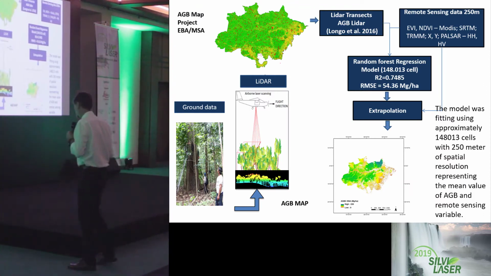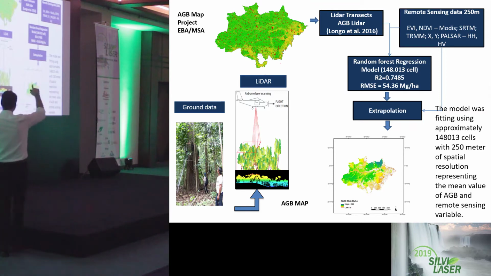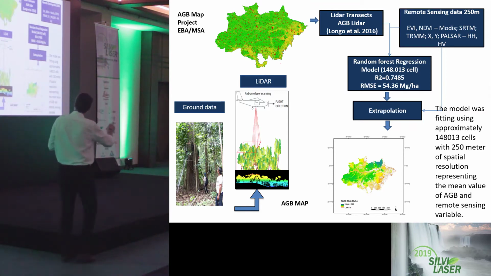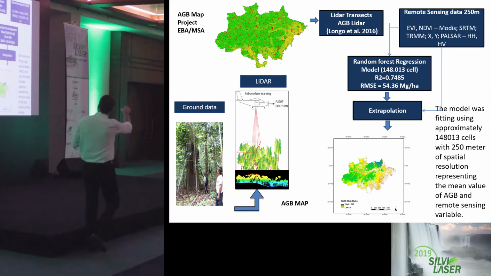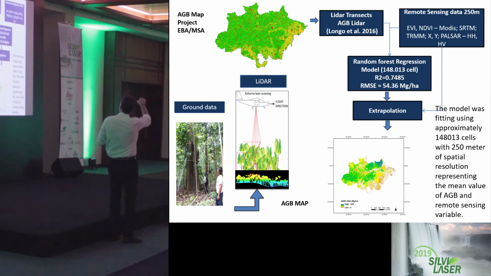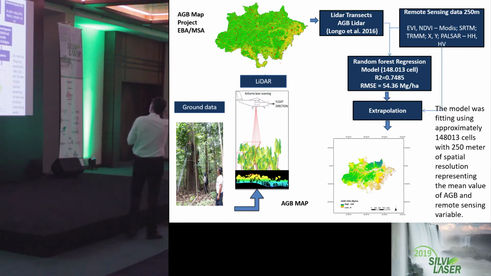Well, that's basically how the whole flow of the project happened. From the ground data to the LiDAR, and then how we define the above ground biomass using Marcus Longo's model, and then how we interpolate through the whole region using remote sensing data.